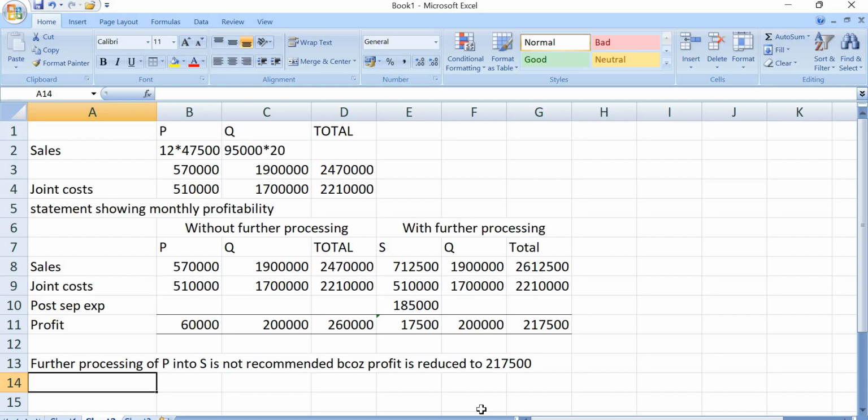So that's all about question number 5A. So now let's move on to next question.